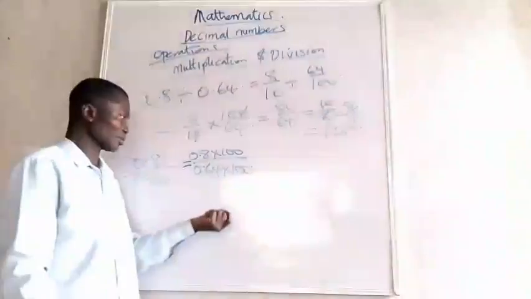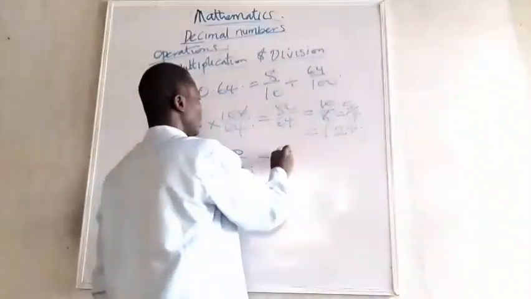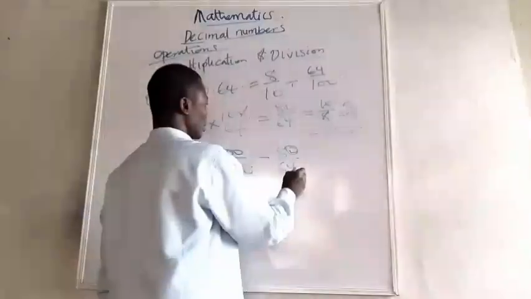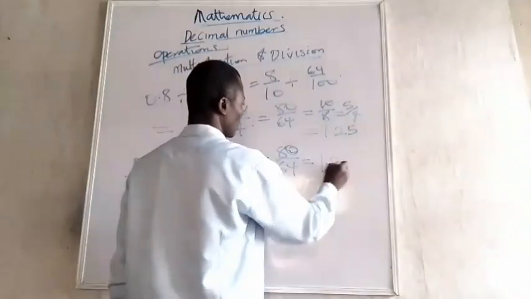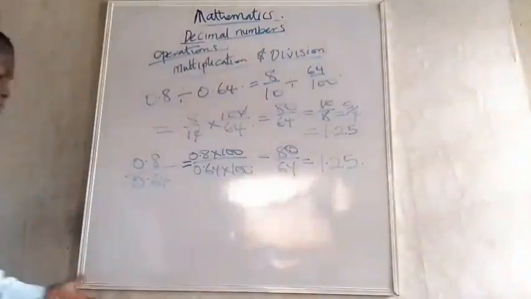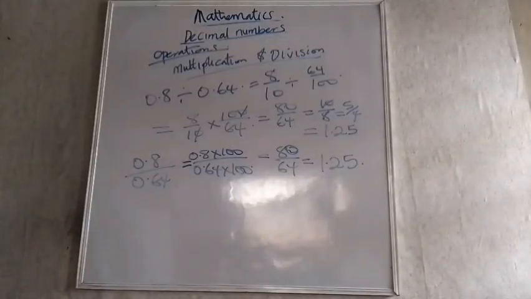So you can see it gives us a reasonable figure now: 80 over 64. At the end of the day, this is 1.25. So that's the way you handle the division.